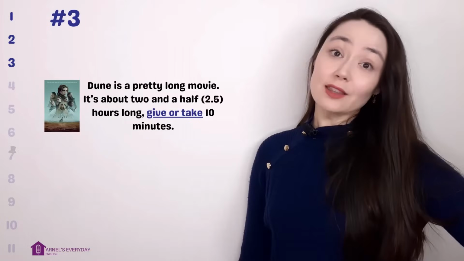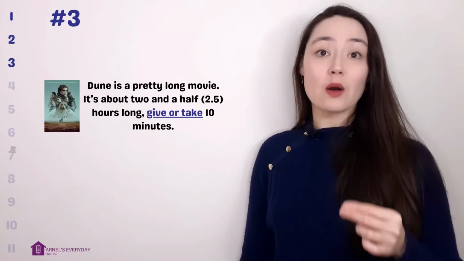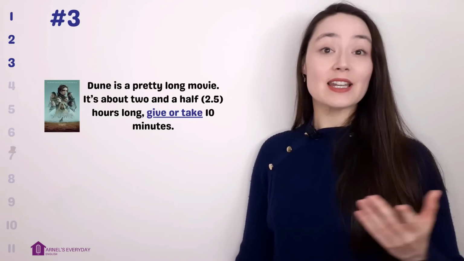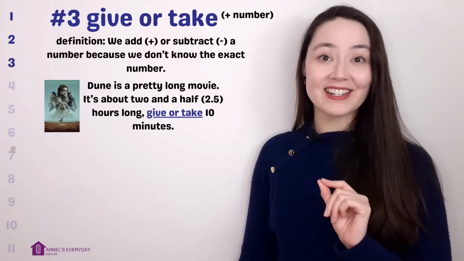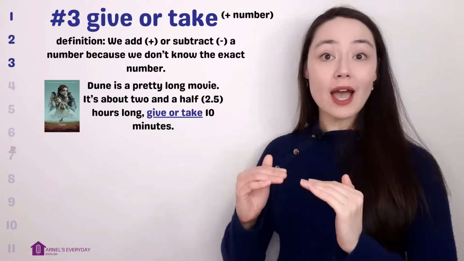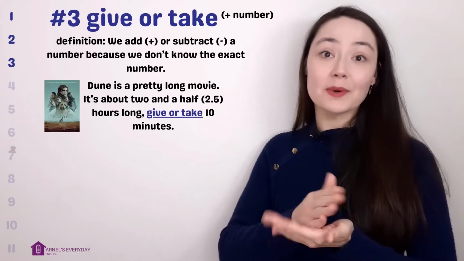Dune is a pretty long movie. It's about 2.5 hours long, give or take 10 minutes. Number 3, give or take. Definition: we add or subtract a number because we don't know the exact number.